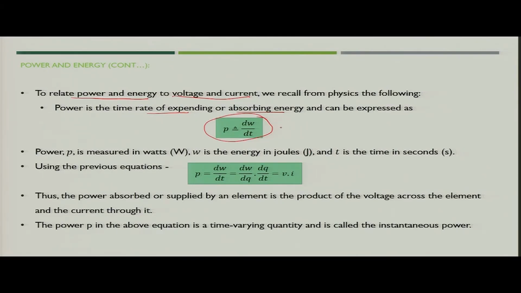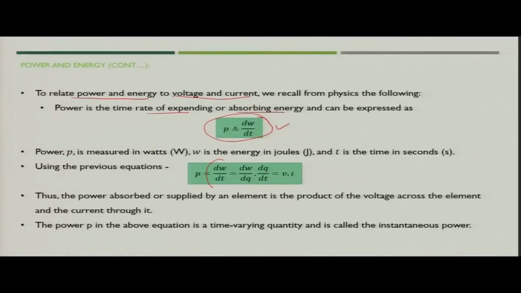Now, if you want to find the value of power P in the form of the two basic quantities we discussed previously, voltage and current, how will you find it? See the expression P is nothing but dW by dt.